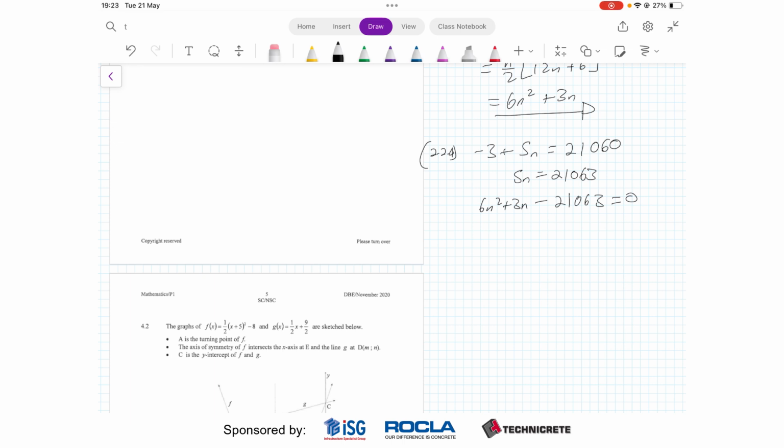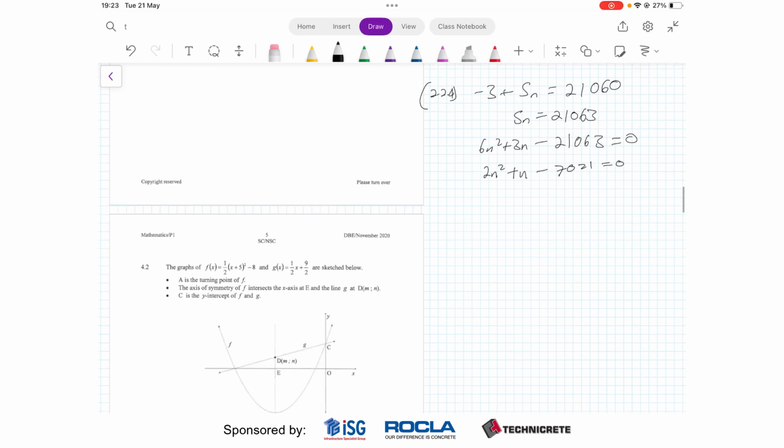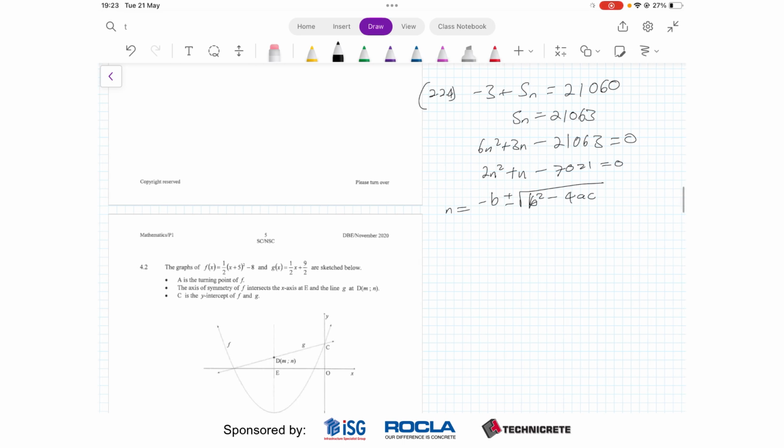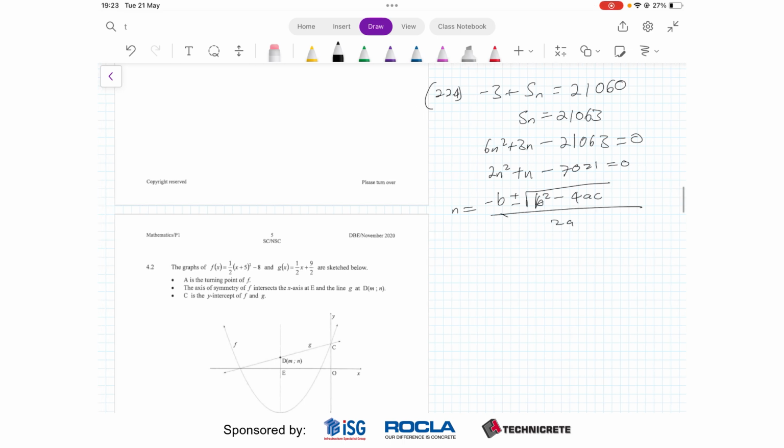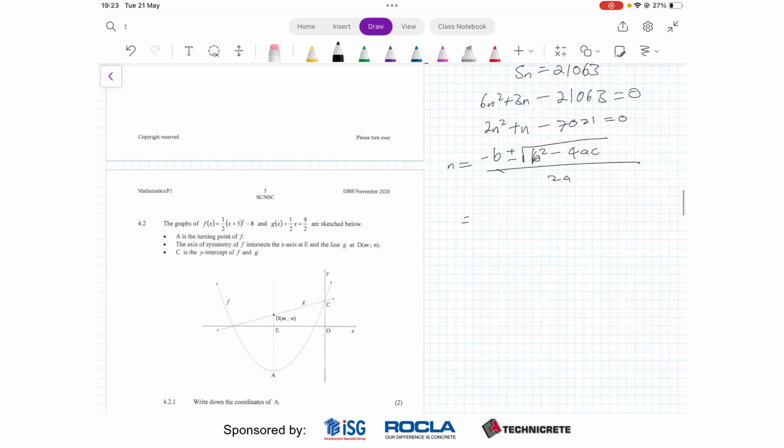Divide through by 3, and that will give us 2n squared plus n minus 7,021 equals 0. Then we take our quadratic formula, where n is equal to minus b plus or minus the square root of b squared minus 4ac, all over 2a.